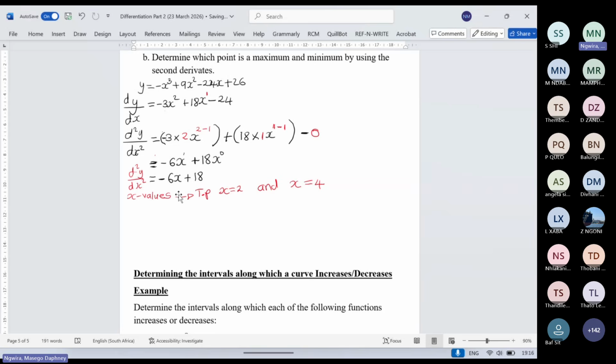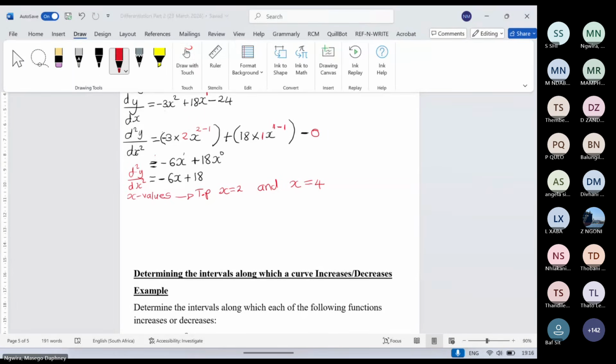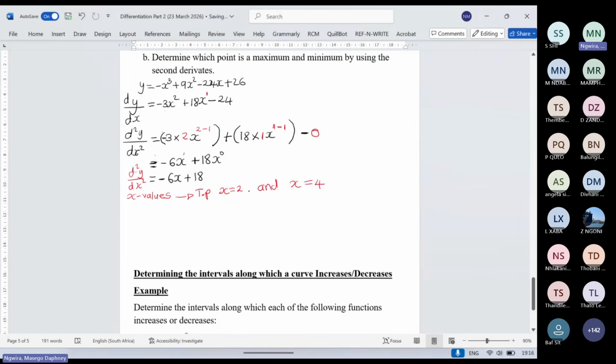For this one, we are going to have negative 6. Then you put 2 here. Plus 18. And then we're going to get our answer. So let me just say y prime prime. What is our answer here?